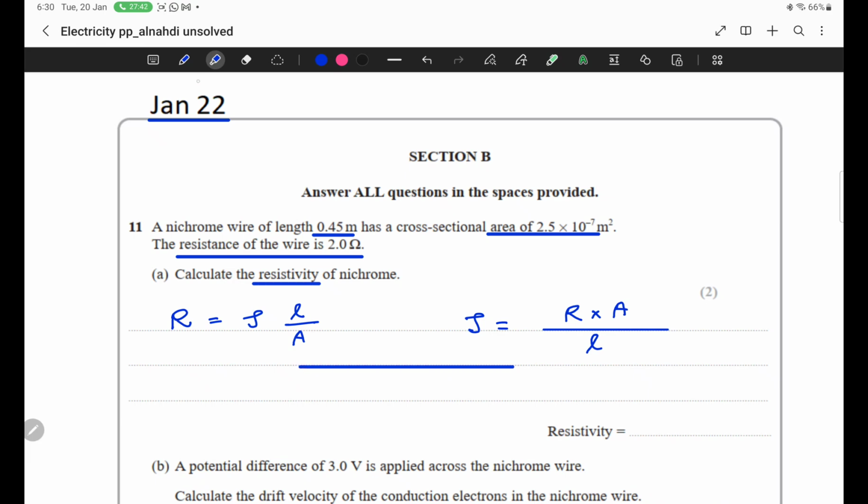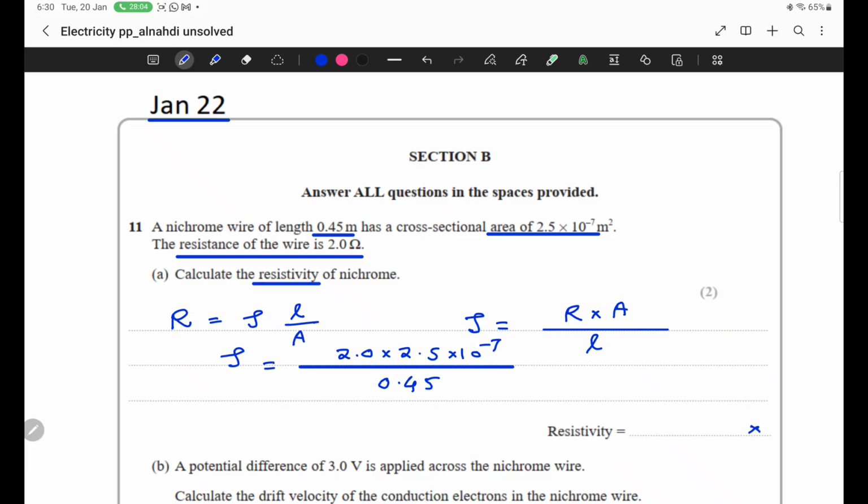And now I am putting the values. So resistance is 2.0 ohm, area 2.5 exponent minus 7, length 0.45, and now you are calculating resistivity.